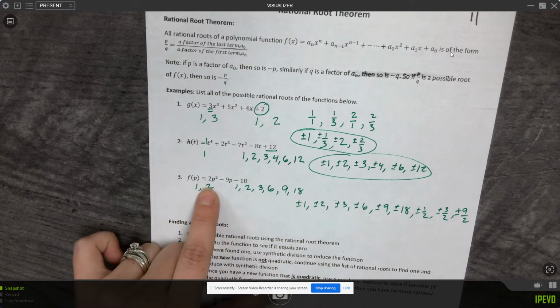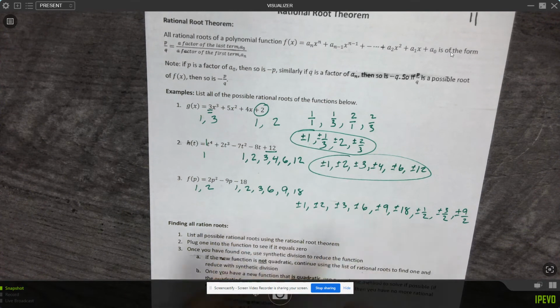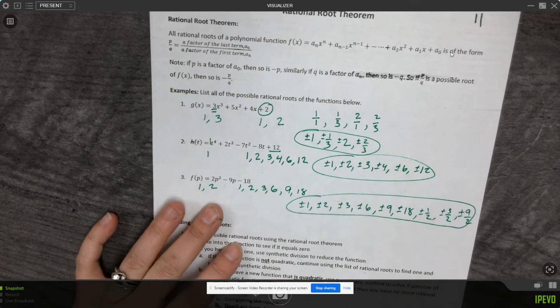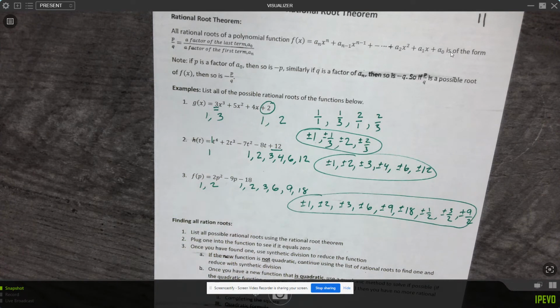And 18 divided by 2 is 9, which I have already listed. Do not list them twice. So all of those are your possible rational roots of that function.